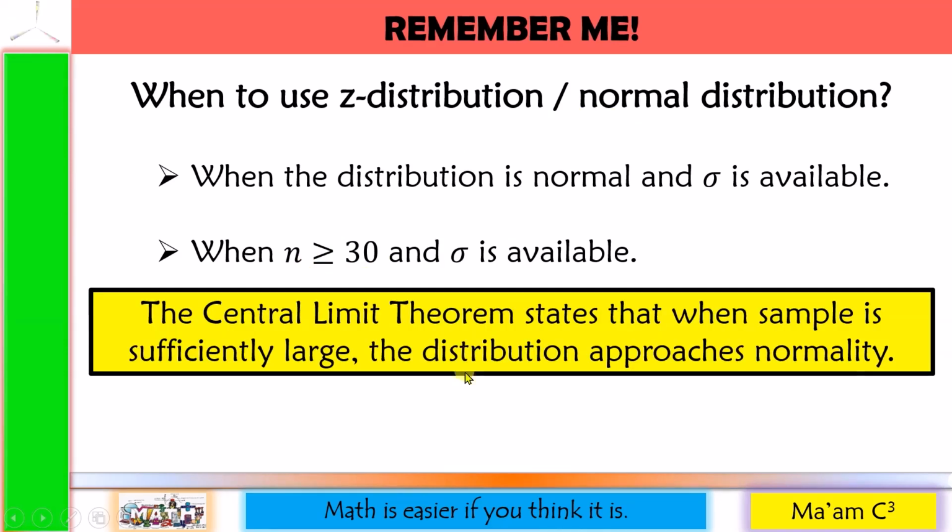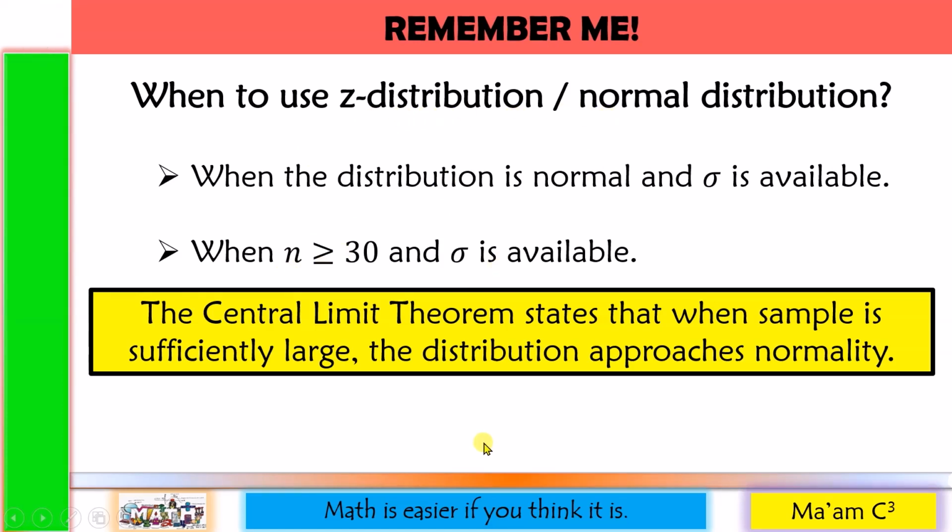Because the central limit theorem states that when the sample is sufficiently large, and what we mean by sufficiently large? n is greater than or equal to 30. The distribution approaches normality. That is why, even if the distribution is not normal, but when your sample size is greater than or equal to 30, you still use z or normal distribution.